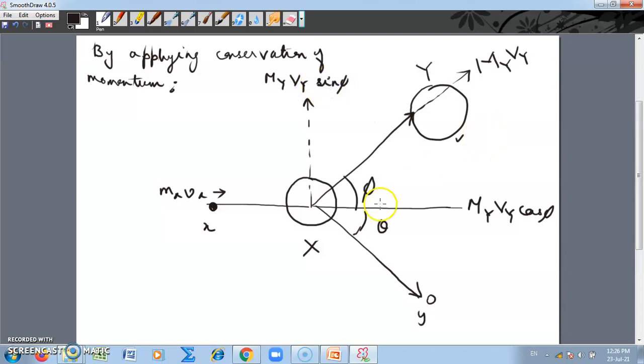So we have this, and similarly let us look at this small particle that has moved along towards the base. That is small y.